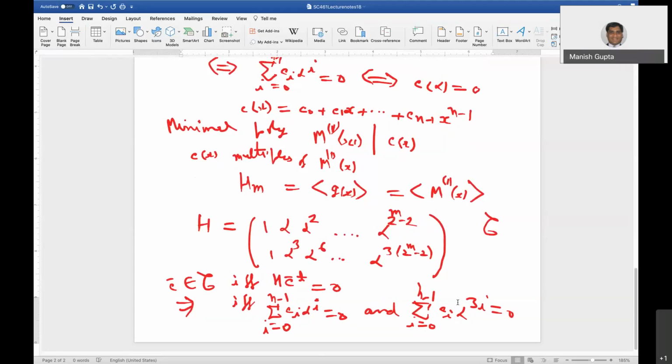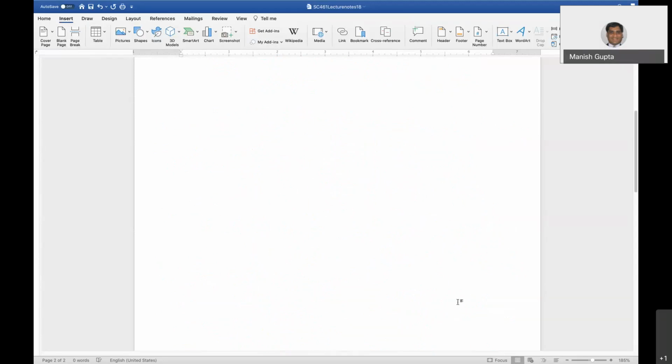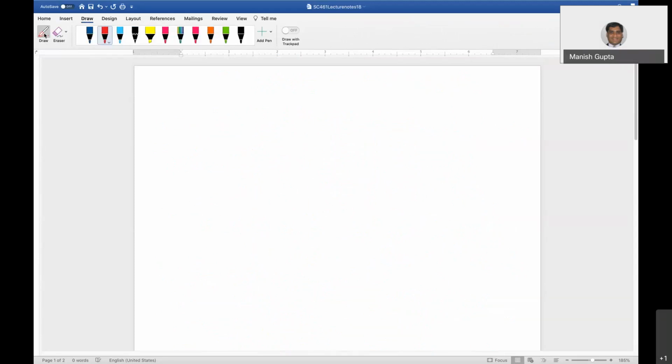So c belongs to C if and only if c(alpha) is equal to 0 and c(alpha cube) is equal to 0.